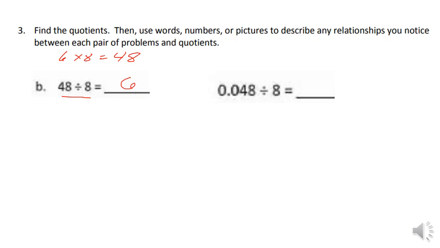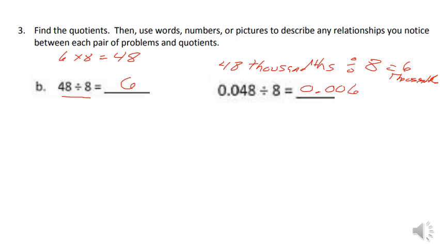Now, if I think about this in unit form, this is 48 thousandths divided by 8. Well, I know 48 divided by 8 is 6, so 48 thousandths divided by 8 will be 6 thousandths. And I know 6 thousandths is written like this.